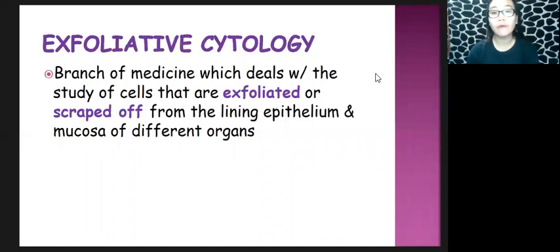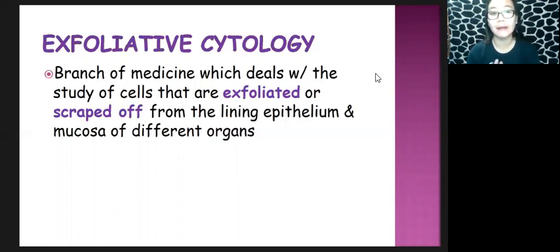So remember, if we try to recall our knowledge of your epithelial tissue, one characteristic of epithelial tissue is that it is capable of renewing itself. How does the renewal of your epithelial tissue take place?